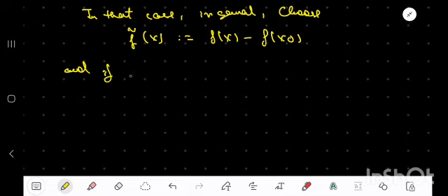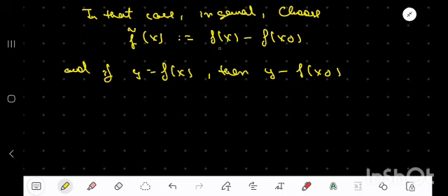If we choose y equal to f of x, then this implies that f inverse of y is equal to x.